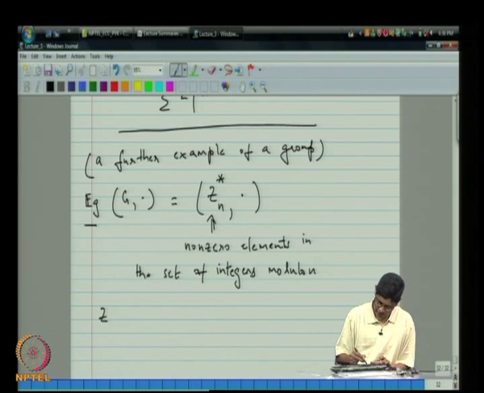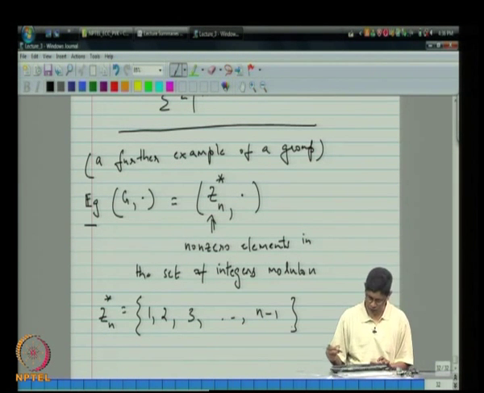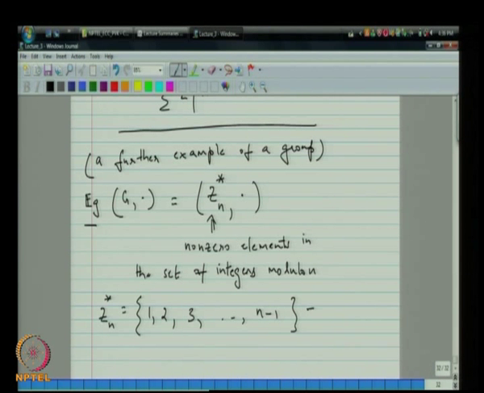So, you can treat this as precisely the set 1, 2, 3 all the way up to n minus 1. In other words, this is Z sub n, but with the 0 element removed.